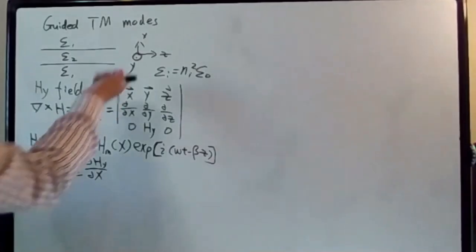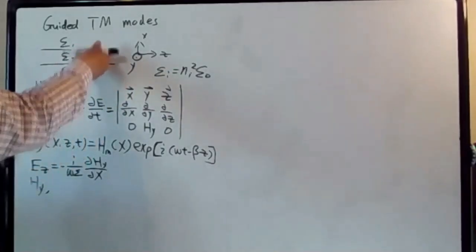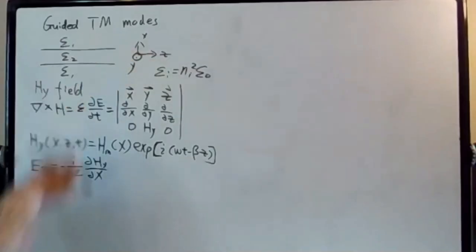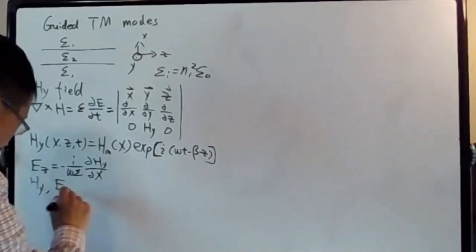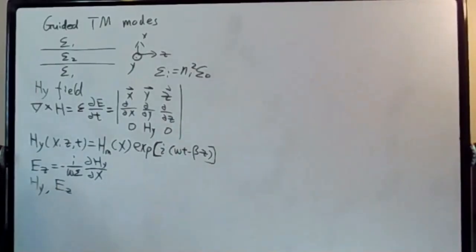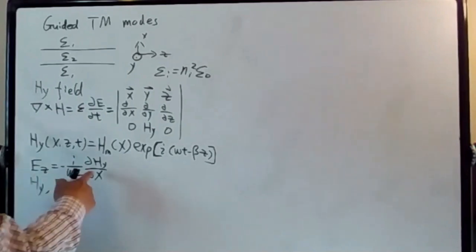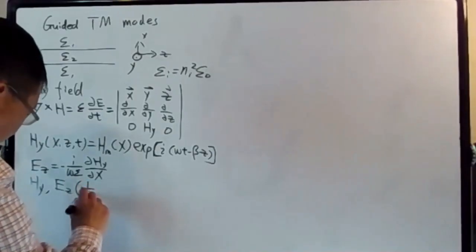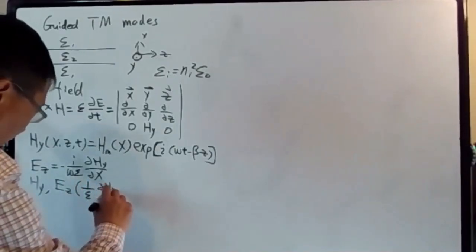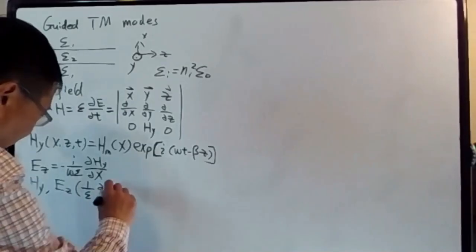And then EZ is parallel to the interface at the boundary, so it should also be continuous, right? EZ should also be continuous. But instead of EZ, let's look at HY. So it is equivalently 1 over epsilon partial HY partial x.